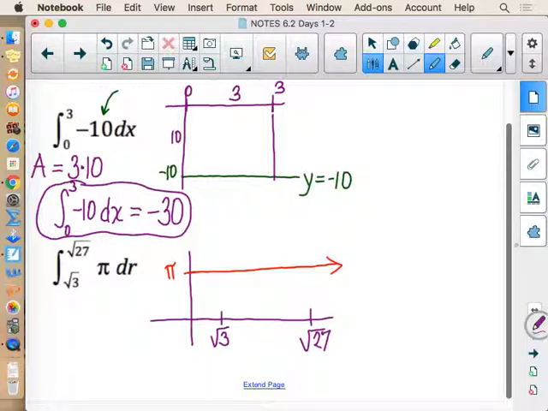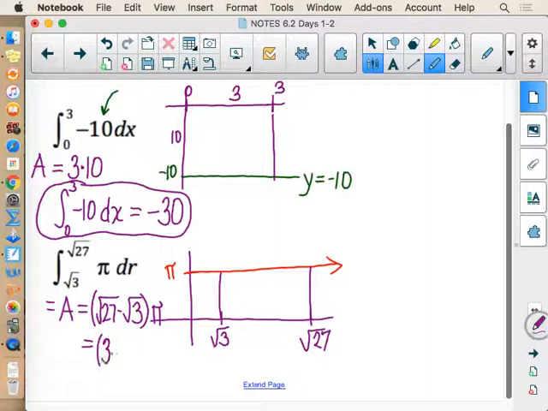So really, I'm looking for that area under the curve, and that area, because it's above the x-axis, is the value I want for my integral. So my integral actually is the same as my area. My area here then would be my base length times my height. My base length would be square root of 27 minus square root of 3. My height would be pi. Square root of 27 is also 3 square roots of 3.